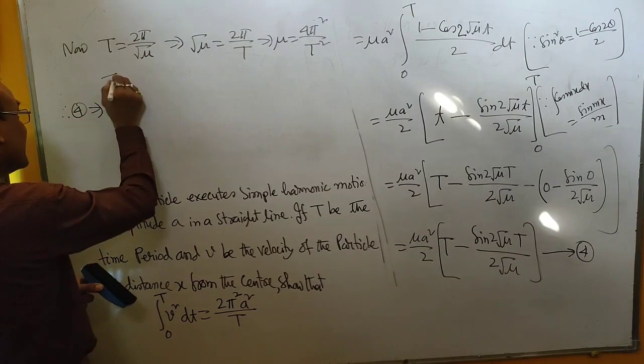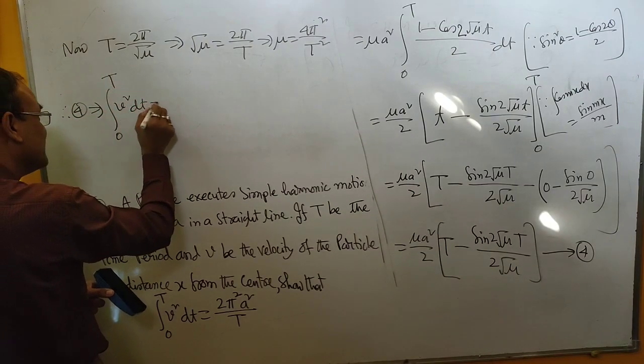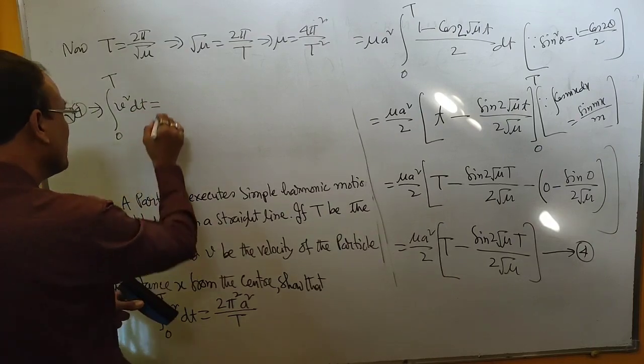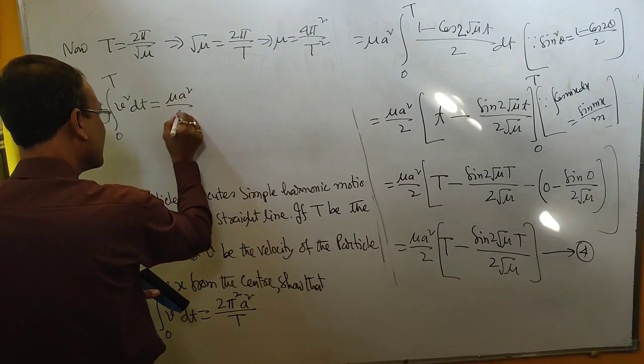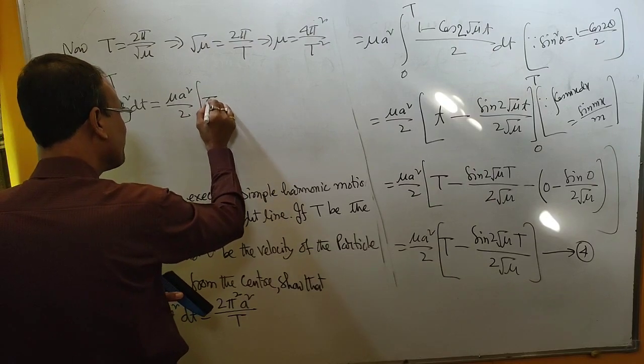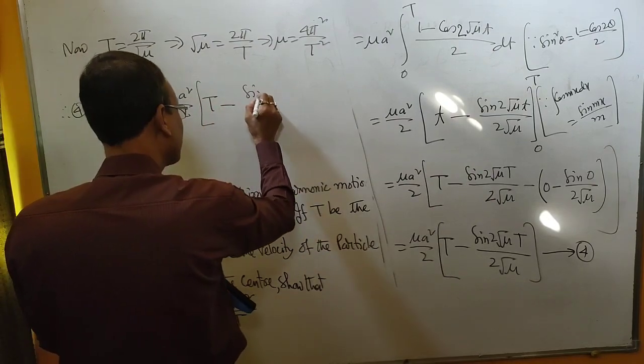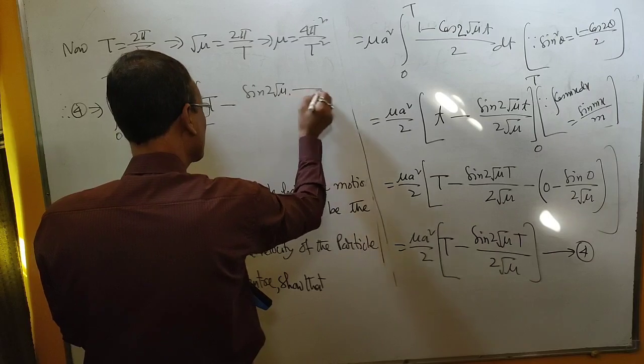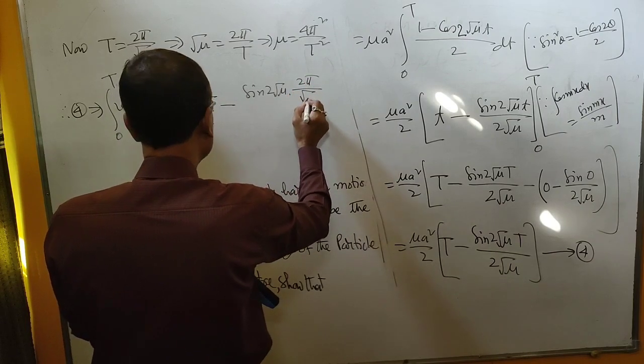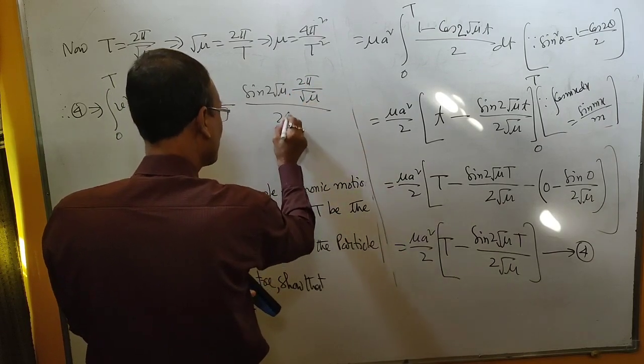From 4 you will get integration 0 to T of v square dt equal to mu a square divided by 2 times T minus sine twice root mu times twice pi by root mu divided by twice root mu.